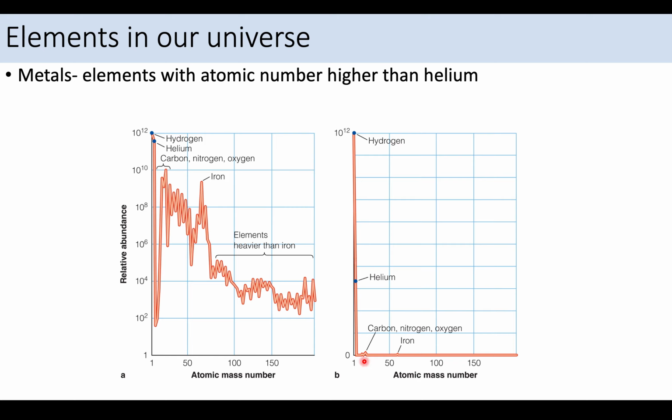So there's a measurable amount of metals in our galaxy, but it looks like almost nothing compared to how much hydrogen is in our galaxy. So hydrogen really is the most abundant by far, second to helium, and then everything else, which we consider a metal, is significantly less than the amount of hydrogen that we have.